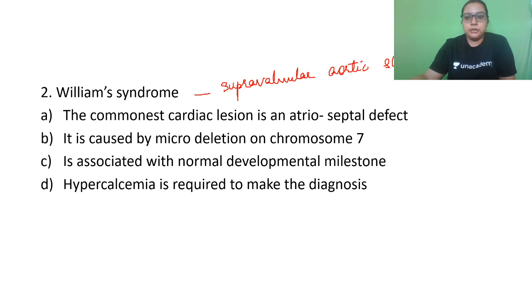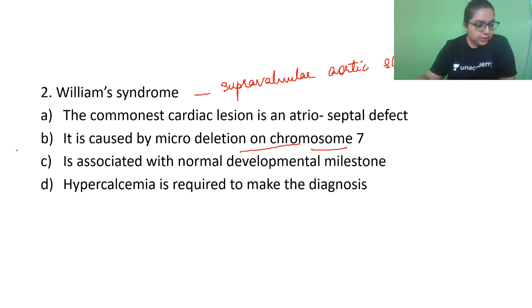That is the commonest cardiac lesion. In fact, I've taken complete details of Williams syndrome in one of my chapters in genetics, and there I've stated that it is because of the microdeletion on chromosome 7. Okay, so B is the correct answer.